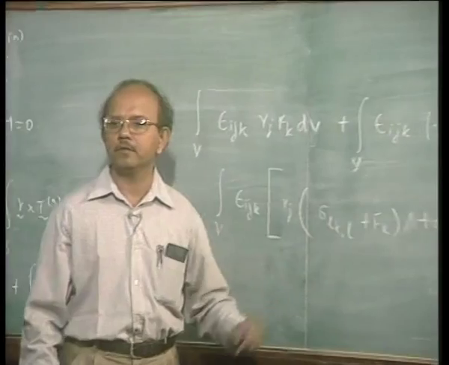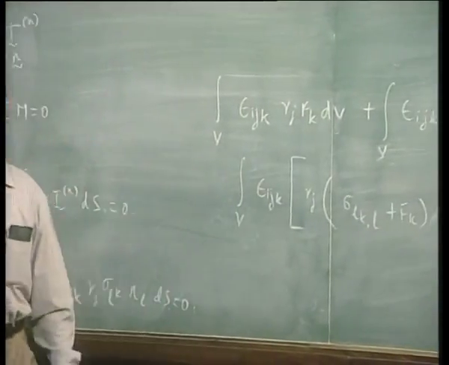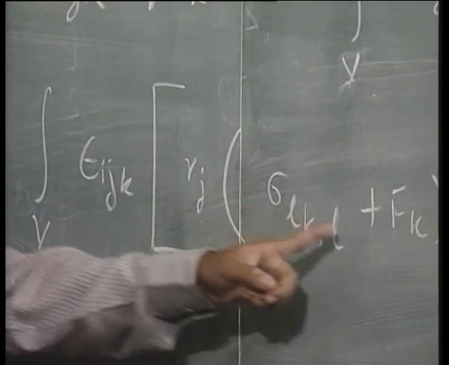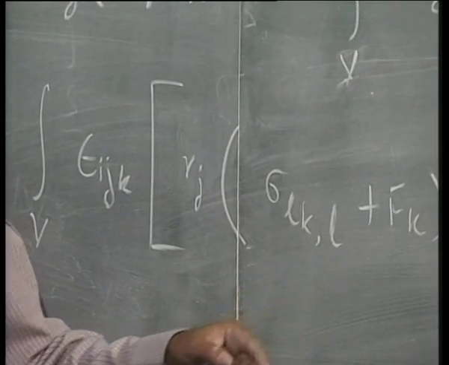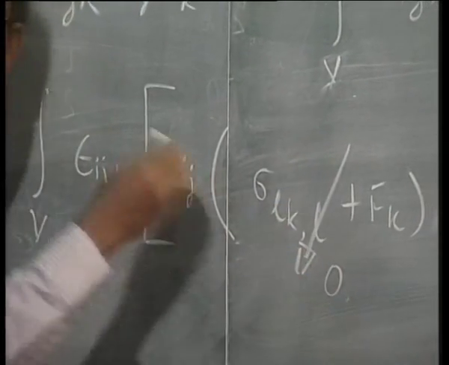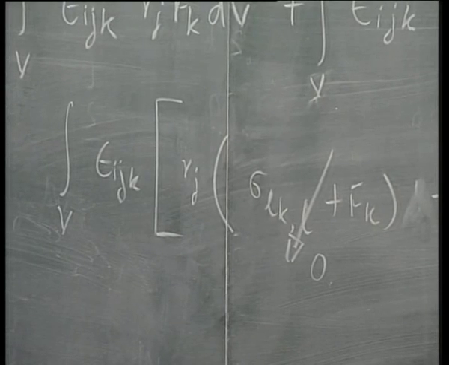What is the first term? The first term is 0. Why? Because it is the result of my equilibrium equation. Very good. I want you to participate because then you will understand whatever we have done. Fantastic. So this term goes to 0.